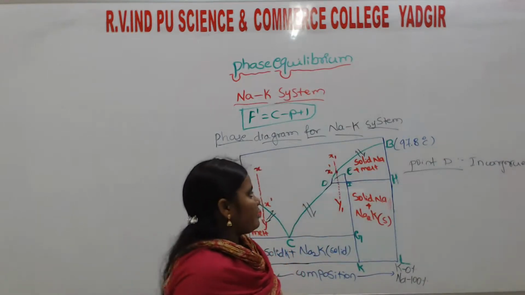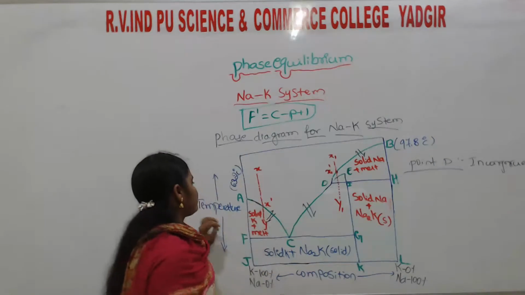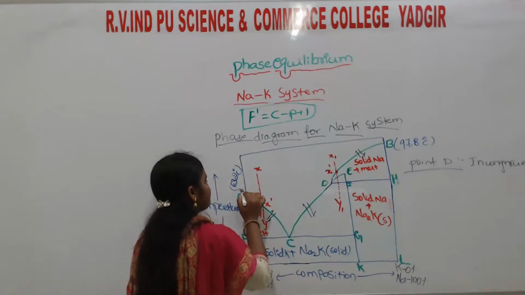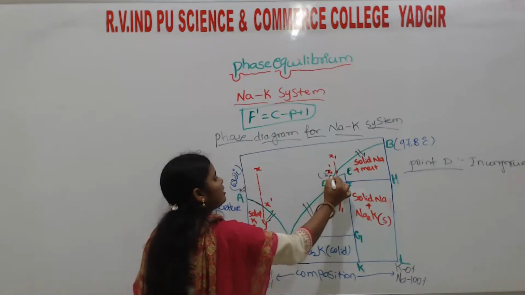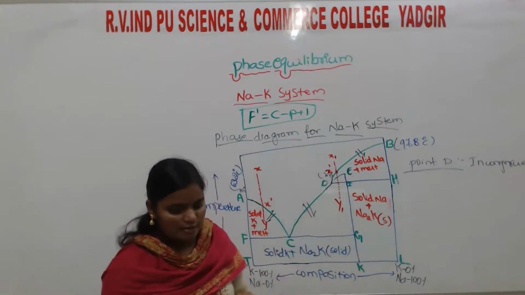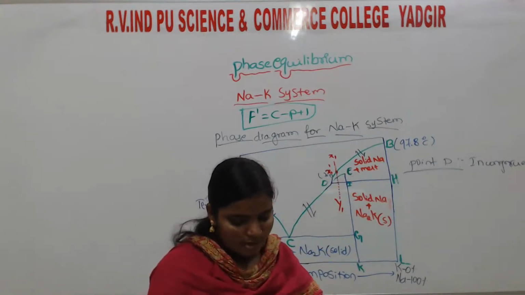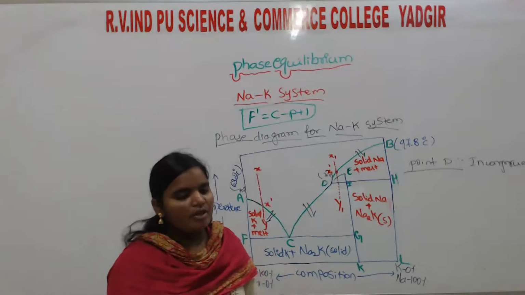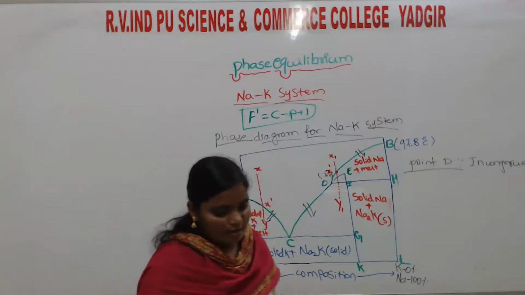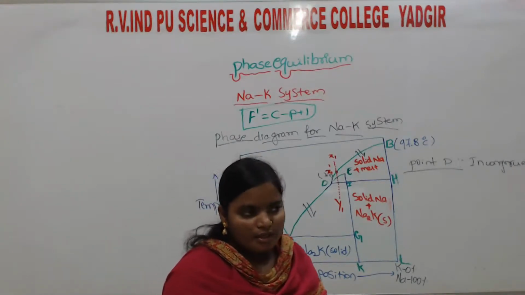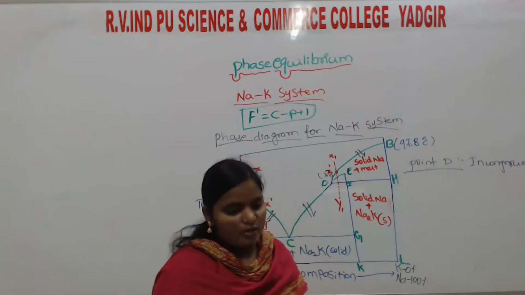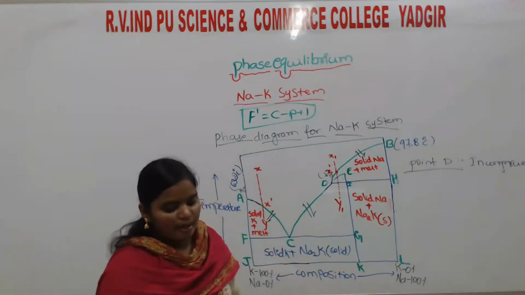The system takes 70 degrees Celsius, at 70 degrees Celsius, and it is the sodium. The unstable Na2K decomposes to give sodium and melt.